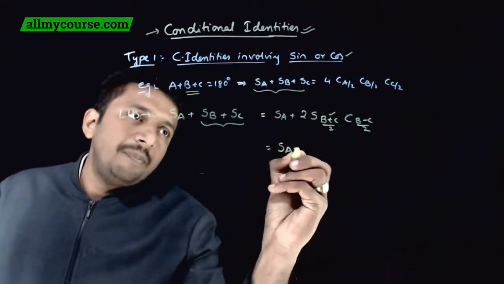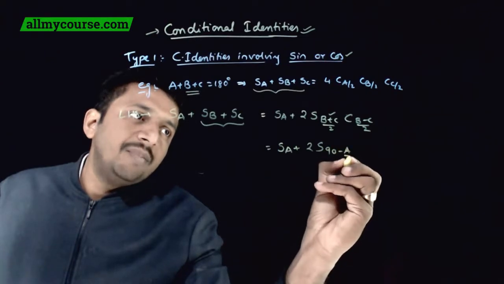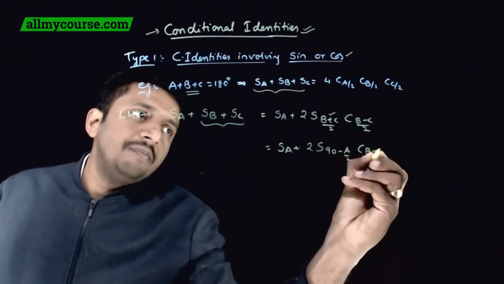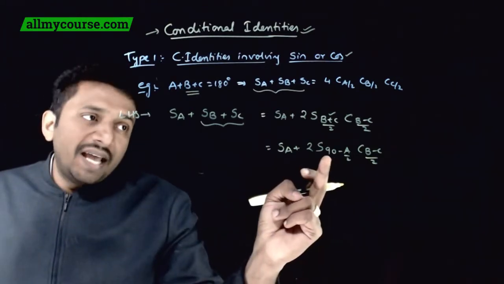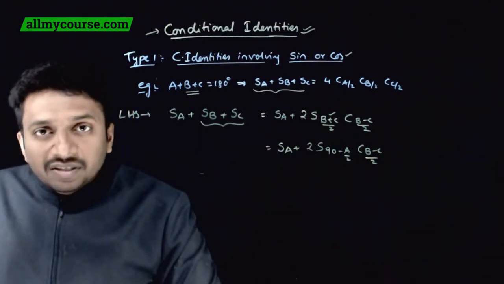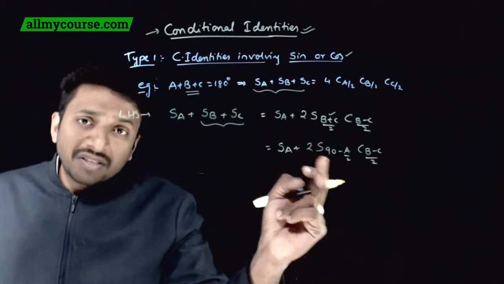So sin A plus 2 sin 90 minus A by 2 into cos B minus C by 2. Now what is sin 90 minus A by 2? Sin 90 minus A by 2 is nothing but cos A by 2, right?